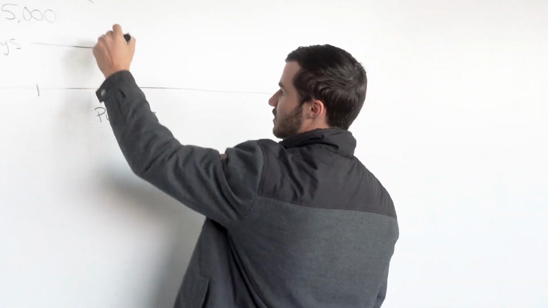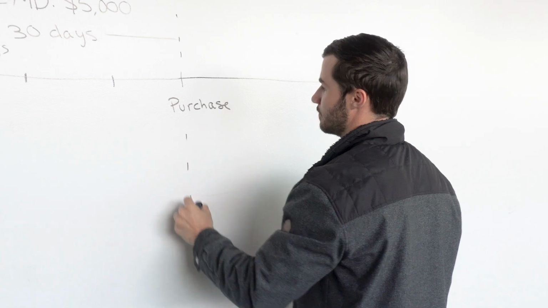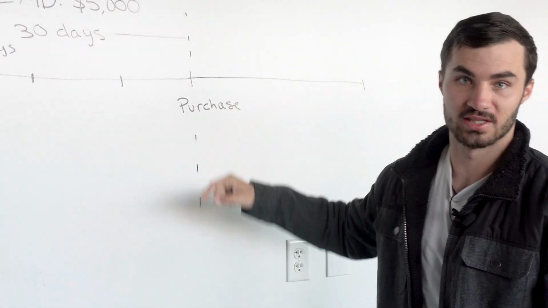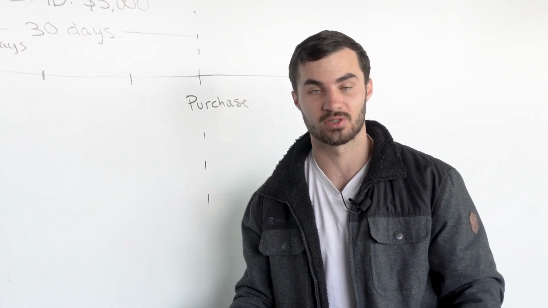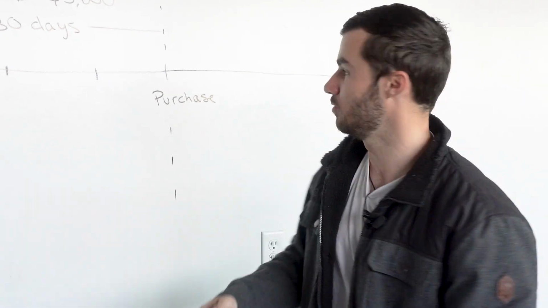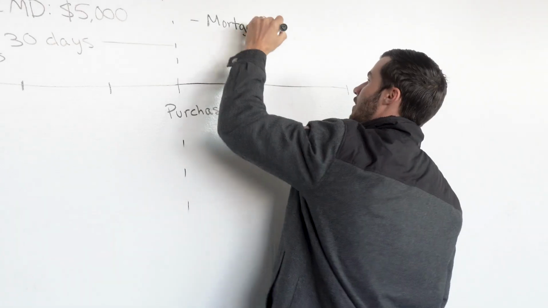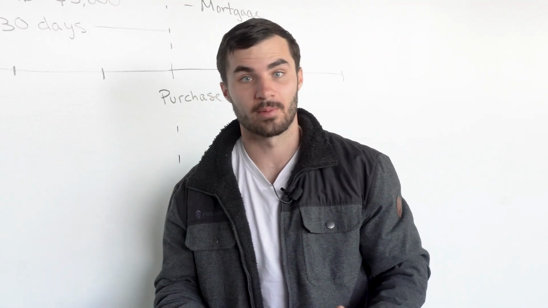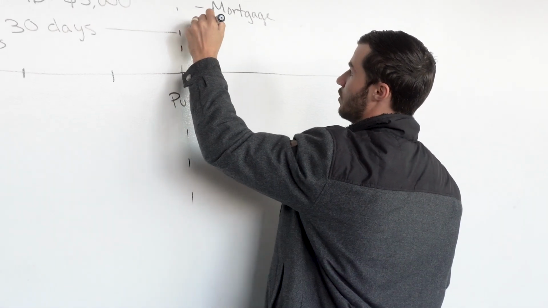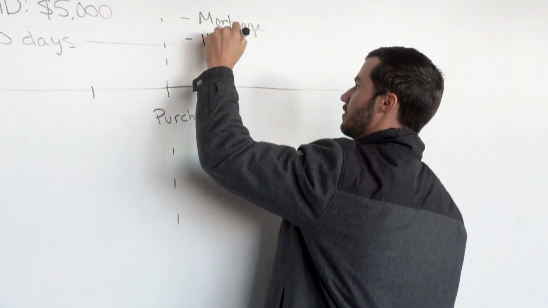And after this purchase, if we draw a little dotted line here, what happens after this purchase is you get funding for your deal, right? So you go buy your primary home and you get a mortgage. If you are fix and flipping a property, then you're gonna get typically what's called a hard money loan, or HML.